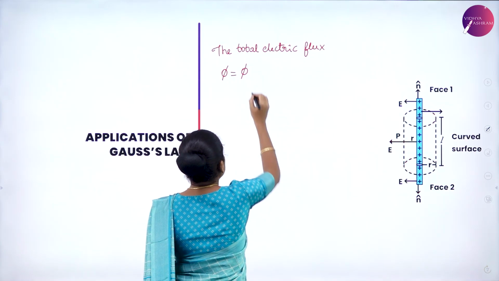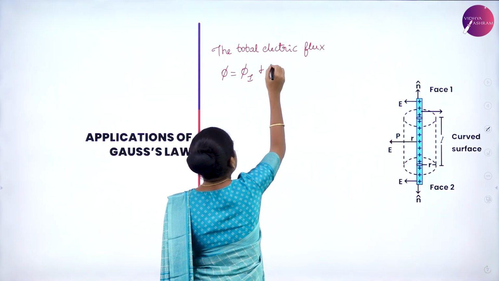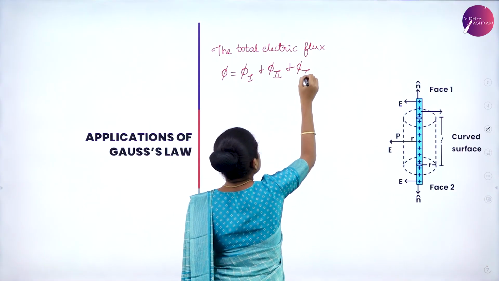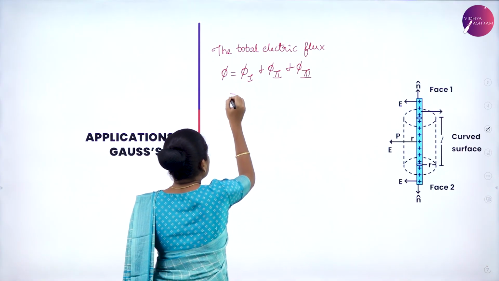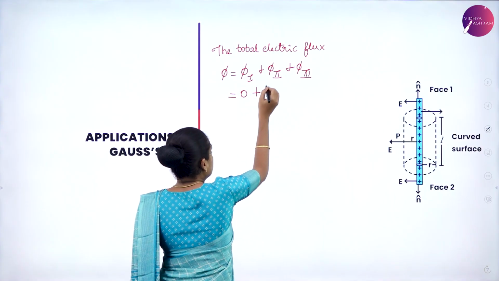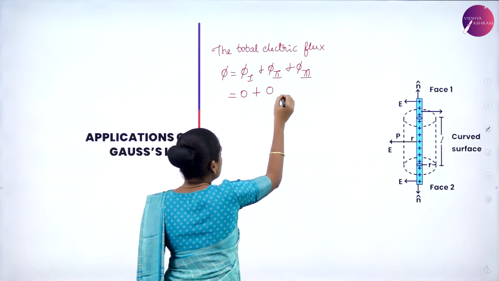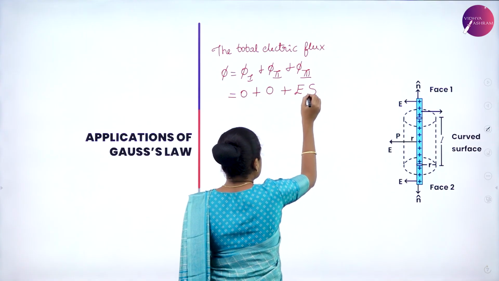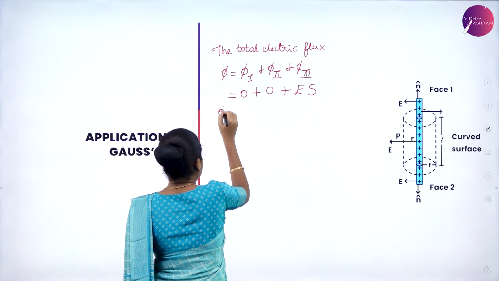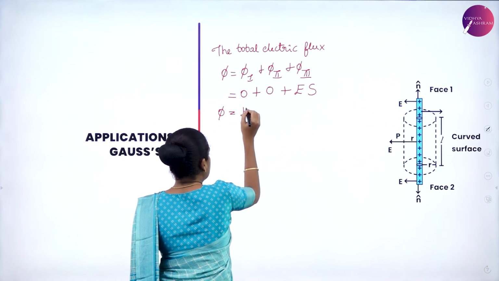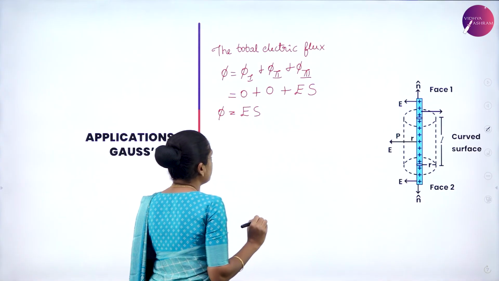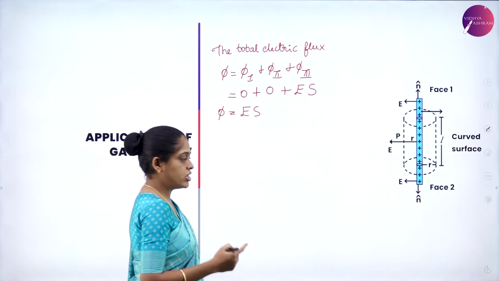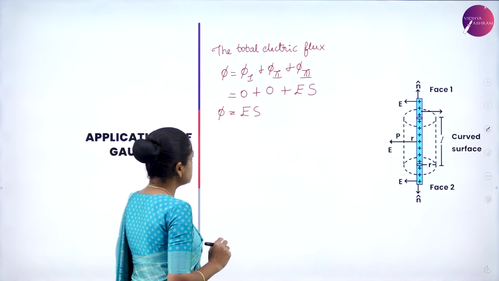Adding all of these, you will get the total electric flux through the Gaussian surface. Phi 1 is 0, phi 2 is 0, and through the curved surface we have ES. So the total electric flux is equal to ES, where E is the electric field and S is the area of the Gaussian surface.